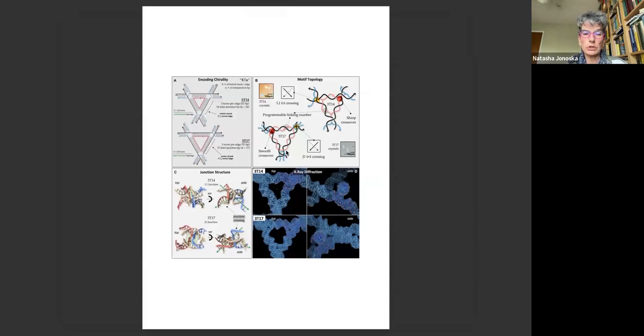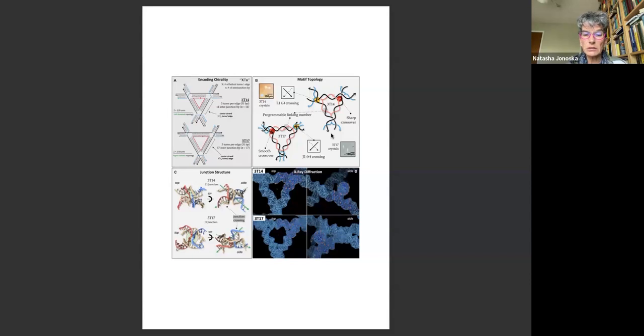I just wanted to point out the left-handed and the right-handed triangle here. For example, with 17 nucleotides going from junction to junction, we have a right-handed crossing of the cylinders. And if I have 14 nucleotides from here to here, I have a left-handed crossing of the cylinders and a left-handed triangle.